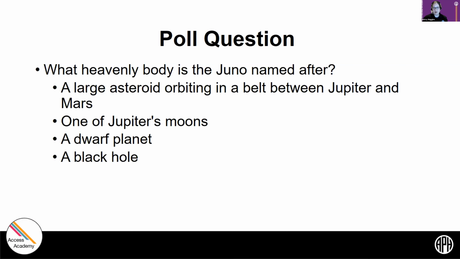Absolutely, Paul. This is following in line not only with our space trivia, but also the naming convention. For those of you who are familiar with Jupiter, which is a desktop magnifier, Juno follows a similar naming tradition and is very much space themed. So go ahead and take a great guess at which one of the poll answers is correct.